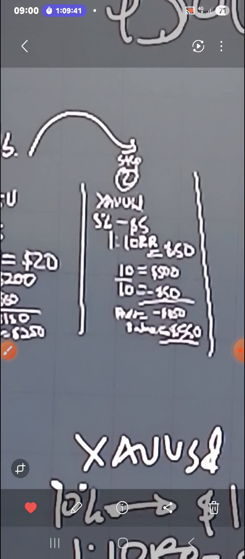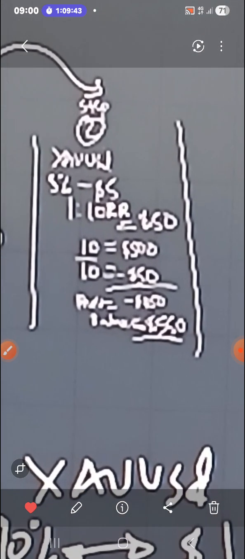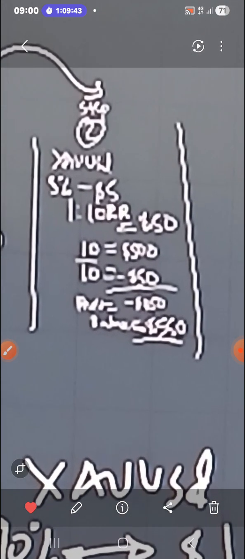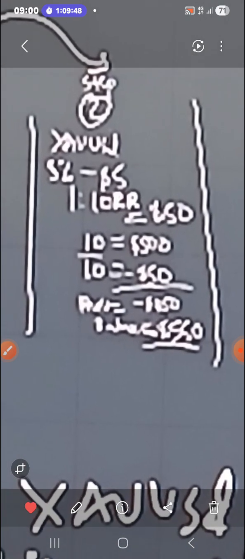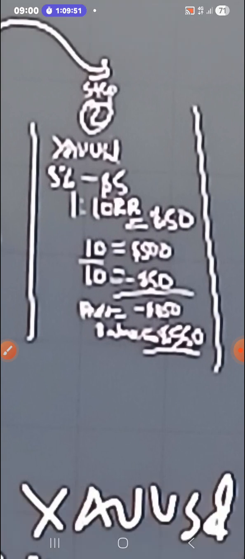But a different approach, using a more volatile pair like XAUSD, will be: we are still risking 5%, which is $5, but remember we are looking for 1 to 10 RR, 100 pips on gold.